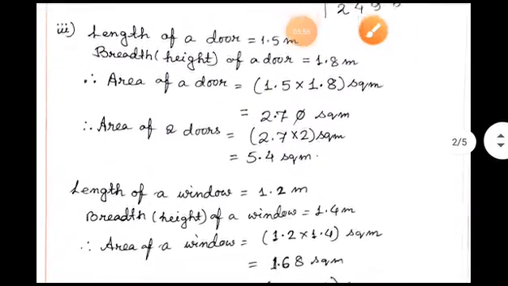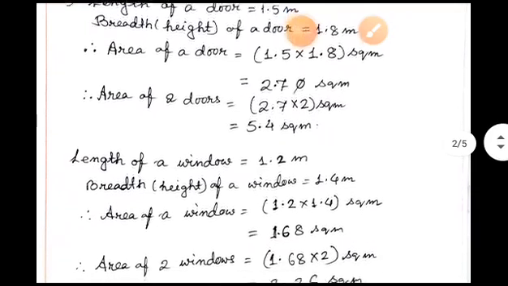Similarly, goes for the window also. The dimensions of the window, we are going to write the length of the window equals to 1.2 meter and the breadth or the height of the window is equals to 1.4 meter. Then after that, area of window will be length into breadth, that is 1.2 into 1.4. After multiplying, you are getting 1.68 square meter.